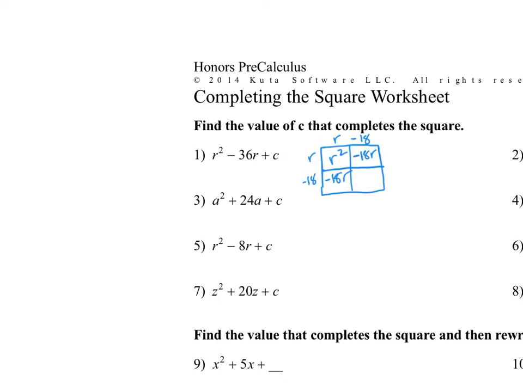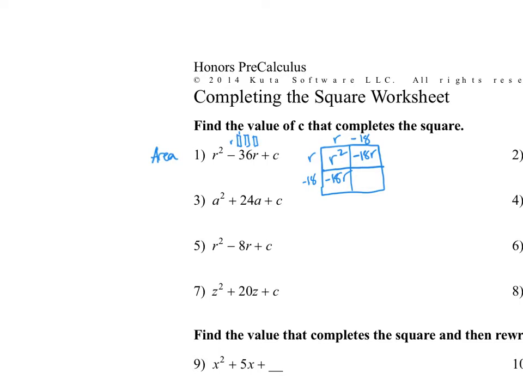You can really think about the standard form of the quadratic like the area of something. So this is the area of this square. And you can also think of the negative 36r as little pieces that are r length by 1, and we've just shoved a bunch of them together, if you prefer.